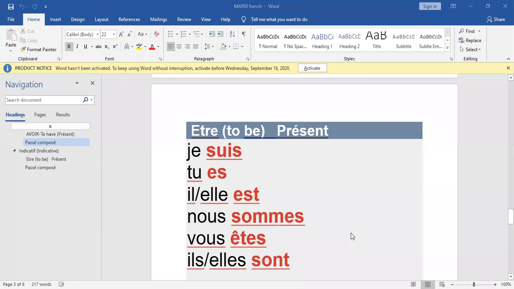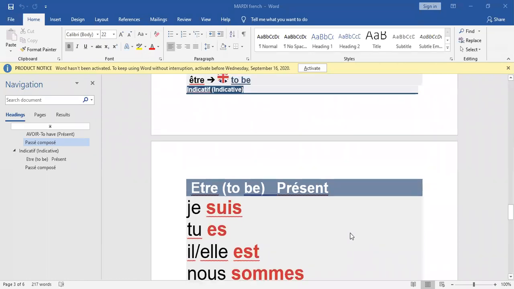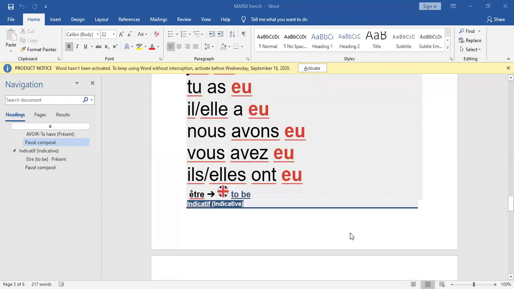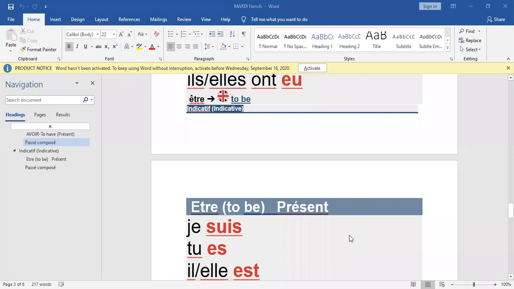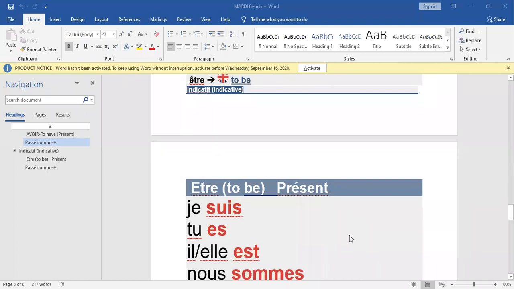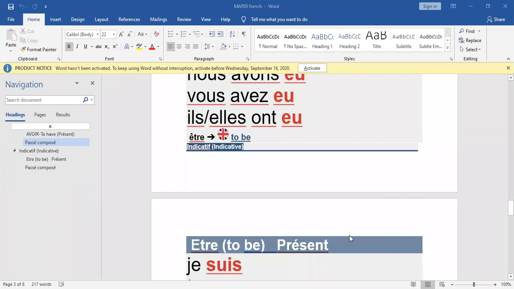Now we are looking at the verb être. For the benefit of the doubt, I know that some of you have not finished. Let me give you some seconds. All right, time up. Let us look at the verb être. Please, if you didn't finish, you have your textbooks and they are in your textbooks, please.